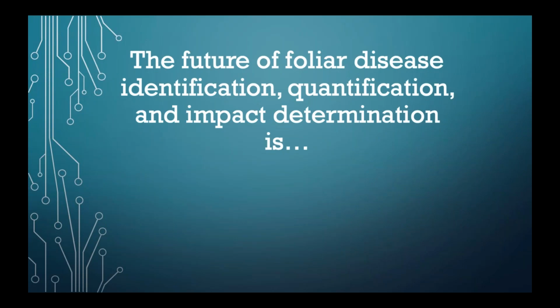The future of foliar disease identification, quantification, and impact determination is promising. And it's collaborative. So we need collaboration across plant pathology, computer scientists, and engineers, so that we can move into this new era of data collection and disease determination and impact determination.